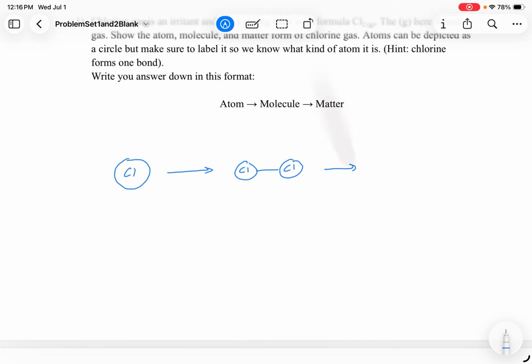And matter, you can either just do the Cl2 gas, or you can do a cloud of gas, but make sure you label what's inside. So that way we can represent its gaseous state of matter.